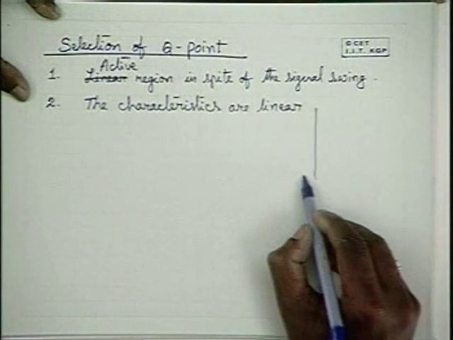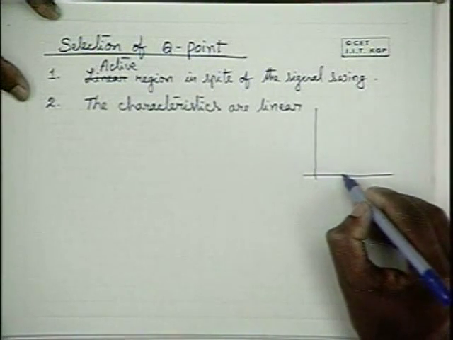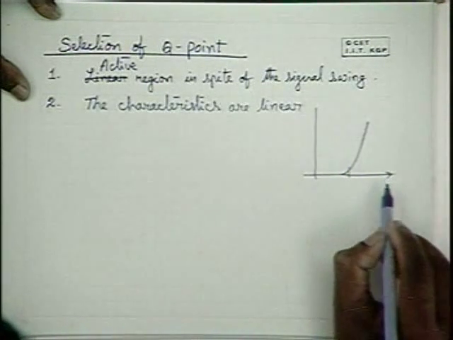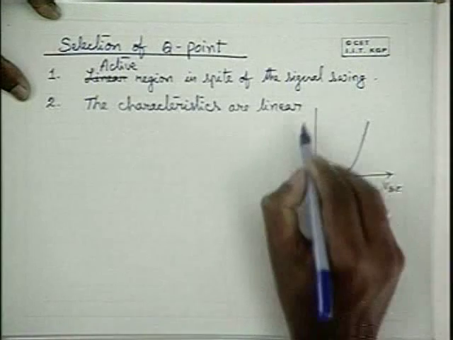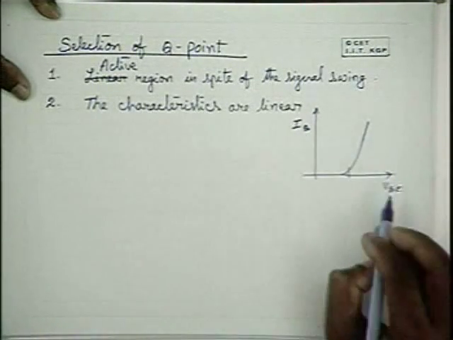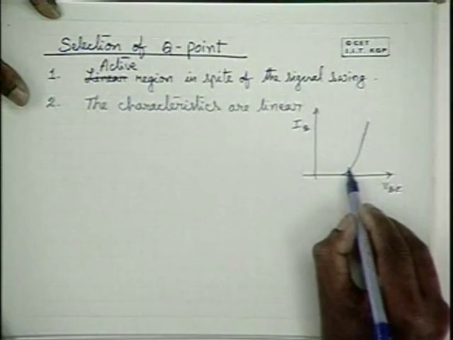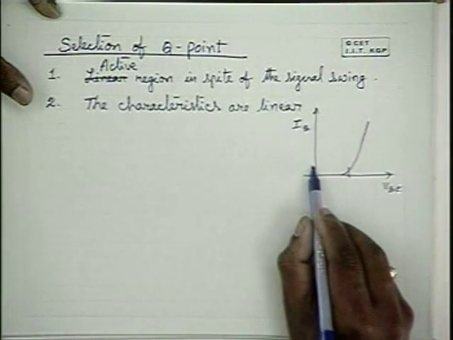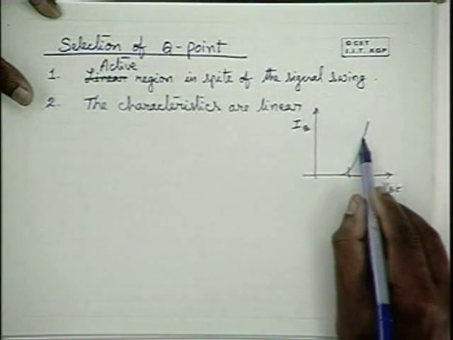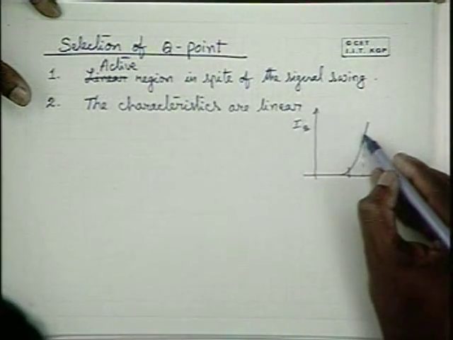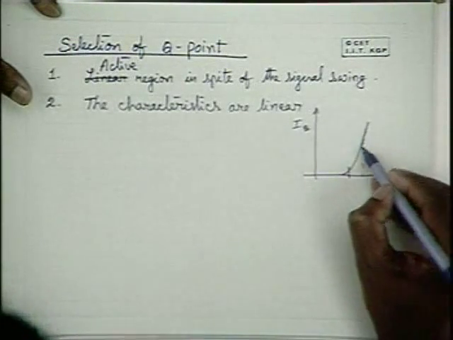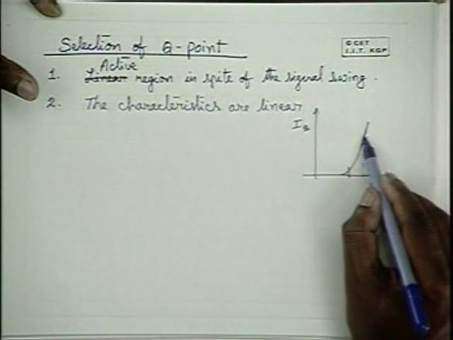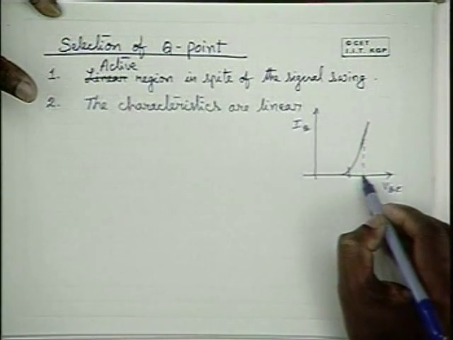If you look at the input characteristics of a transistor, please note that in this region the voltage has a nonlinear relationship with the base current, whereas in this region it has a good linear relationship. It is predominantly linear in this region.